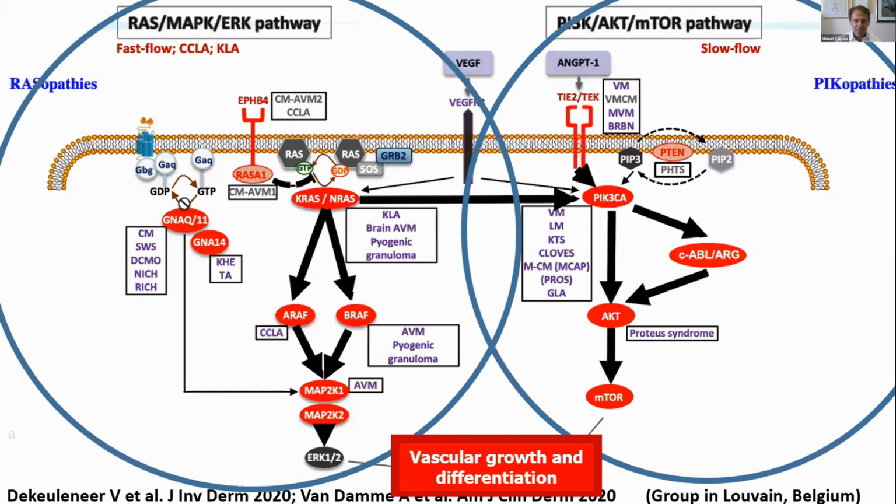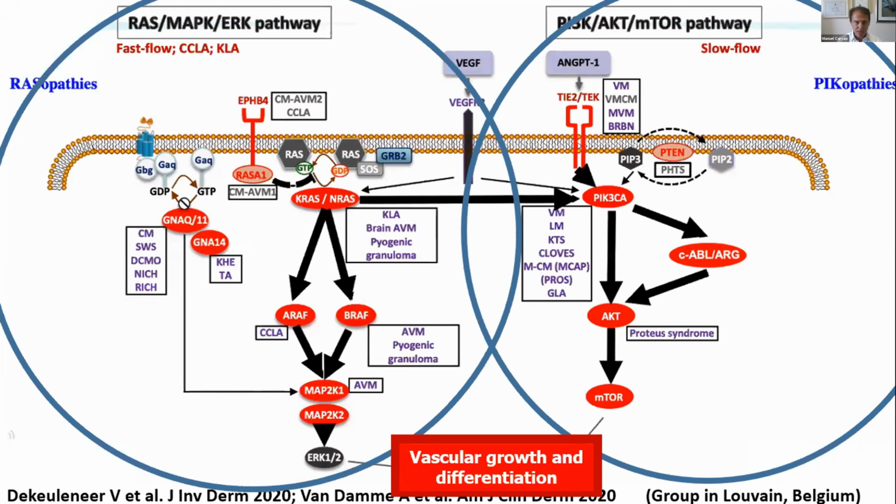And so if you have a mutation in one of these things, so for example, over here, ARAF, if you have a mutation there, you may have, as a result, CCLA, if you have a somatic mutation there. Now, these groups of genes are part of 2 pathways. So you have these 2 big circles, the RAS MAP kinase ERK pathway and the PIK3 AKT mTOR pathway.